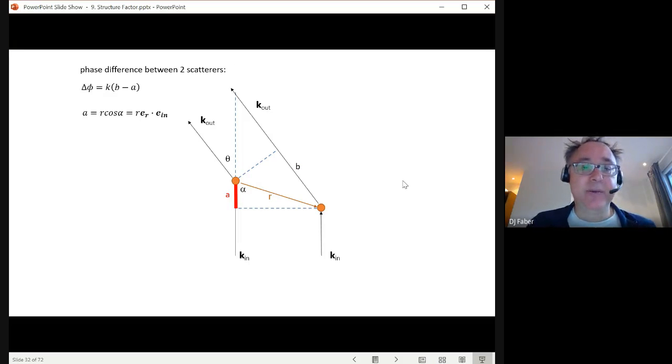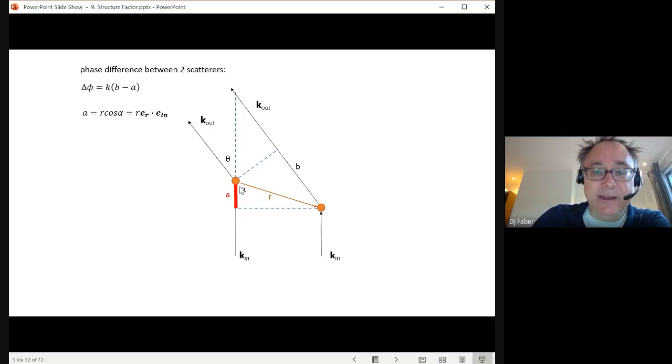For A, if we define an angle alpha between A and R, we can write A as R times cosine of alpha, and cosine alpha can be written as the inner product of two unit vectors, a unit vector along R and a unit vector along k in.